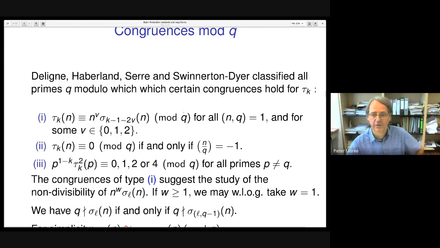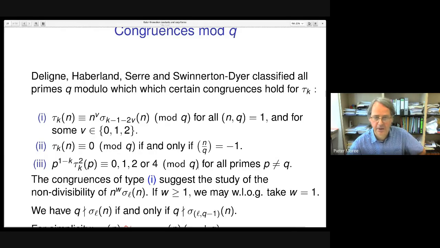For 691, that's the one that we saw before. So the v would be 0, the k is 12. So then we have sigma 11 of n. In essence, this for 691 is an example of a congruence of the first type. Apart from that, there are congruences of the second type. This looks quite different, and this is for tau of n, this would be for 23.